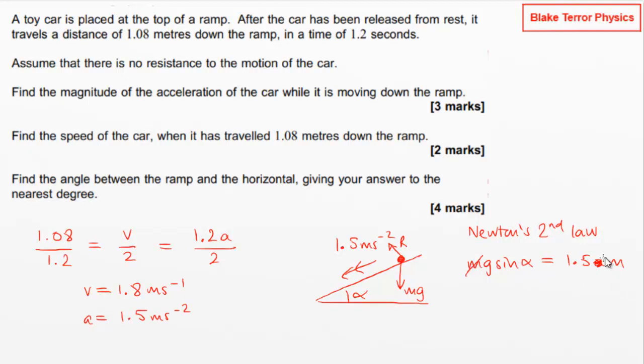And then the masses are going to cancel. So sine alpha is going to be 1.5 over g. If I take g to be 9.81 and then do the inverse sine of that, that gives an alpha of 8.8 degrees. I think we warrant calling it 8.8 because we do have 1.08 meters and 1.2 seconds going on there.